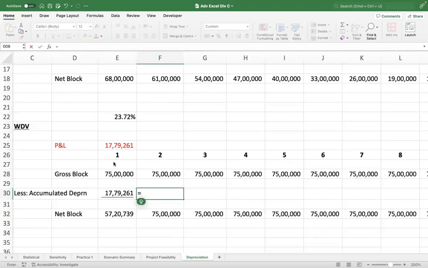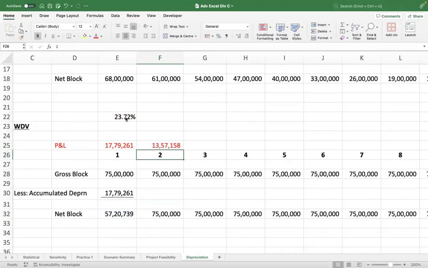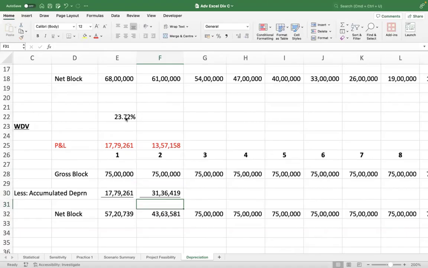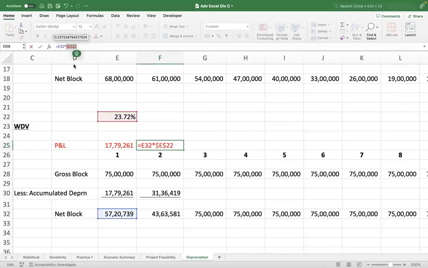Now, what about your next year's depreciation? Next year's depreciation will be the written down value of the first year into the rate. And accumulated depreciation will be previous year depreciation plus the current year depreciation. So here I just need to freeze the rate because that's a static reference.